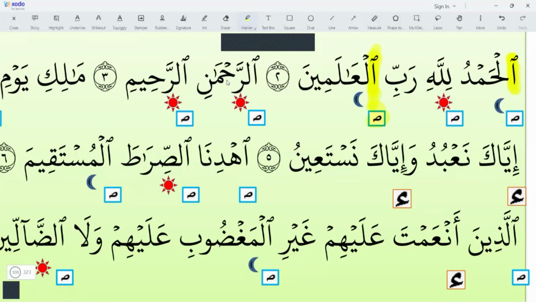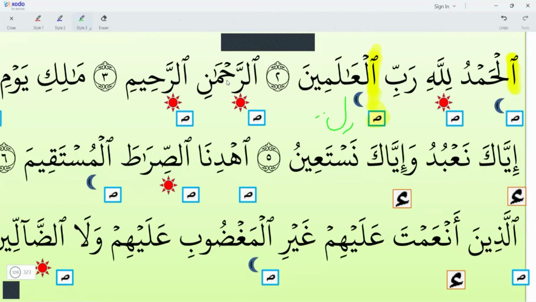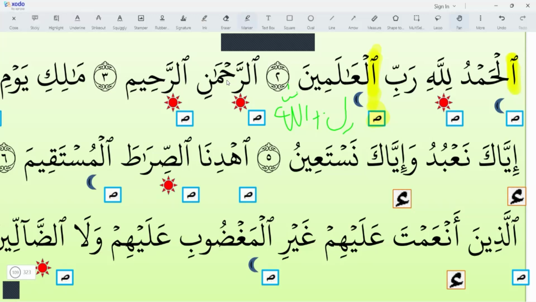And what about the Lillah? Lillahi. Alhamdulillahi. This was Li, preposition, plus Allah. So there was Hamzatul Wasal of Allah. So we dropped the Hamzatul Wasal.